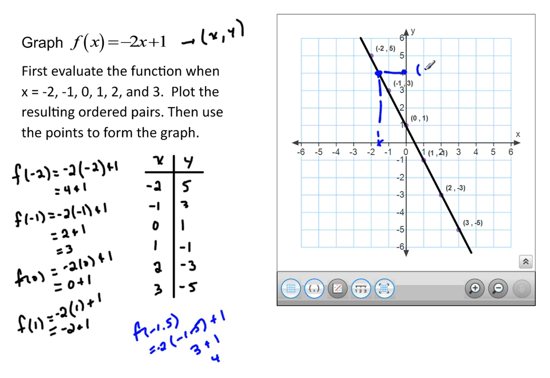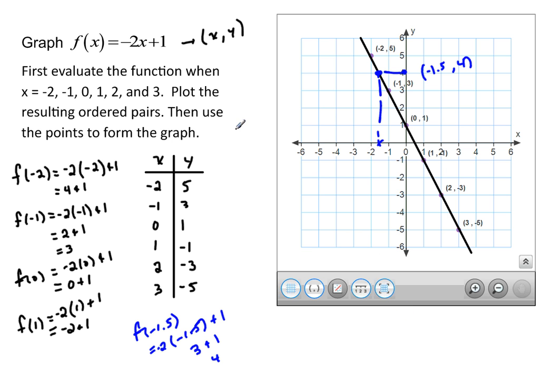So the point negative 1.5 goes with the coordinate 4. Let me make that negative 1.5 look a little bit more negative 1.5-ish. I have to always take my time writing these out. But there, you see? That's the way this one would work out.